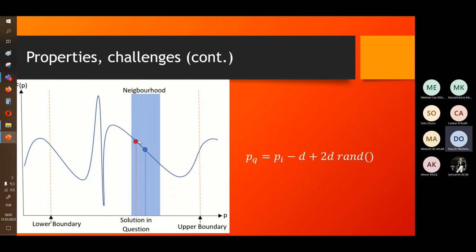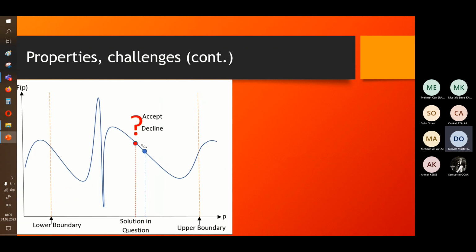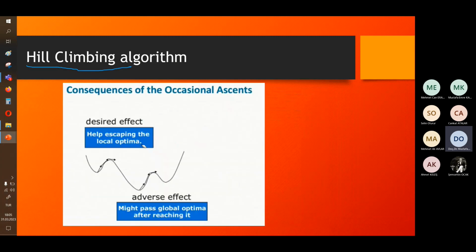If we reject a bad solution, the current solution stays our solution, and if we accept the solution, then our current solution will be this accepted new solution. Okay, so we already talked about this anyway.